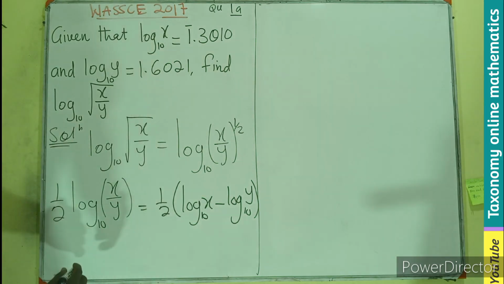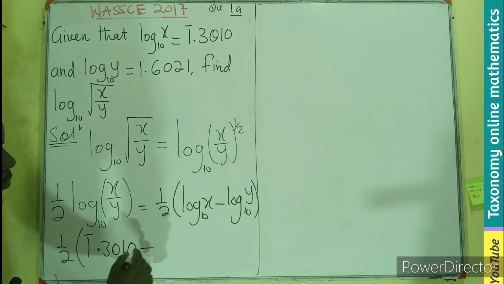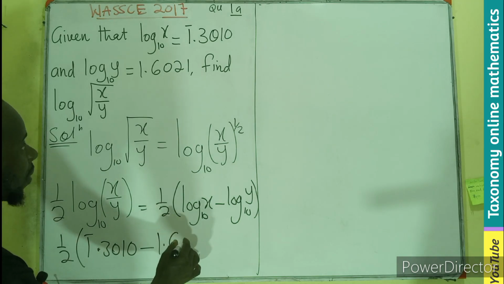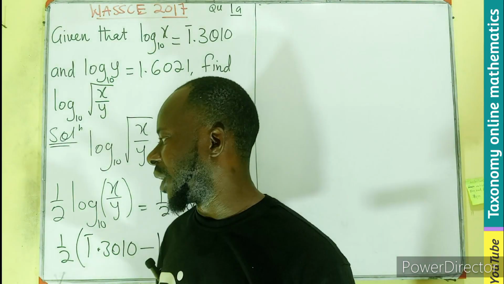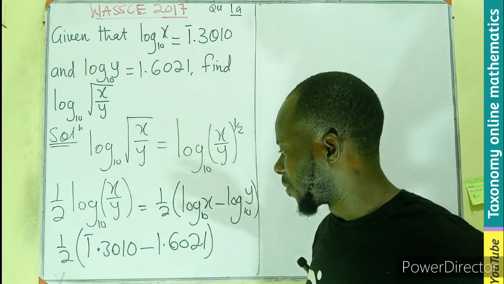So this is just 1 over 2 multiplying 1 bar 0.3010 minus 1.6021. When we perform that subtraction, we multiply by half. That will give rise to what we are looking for.